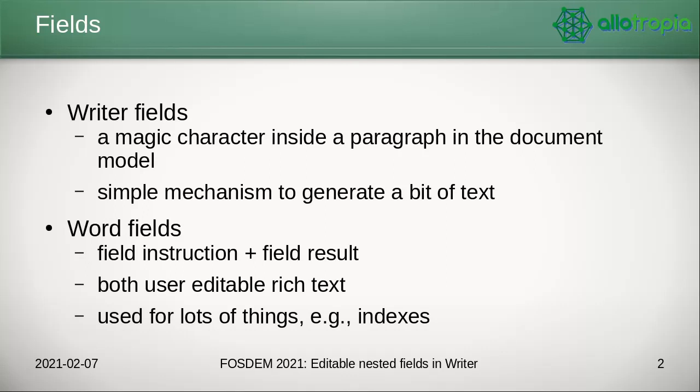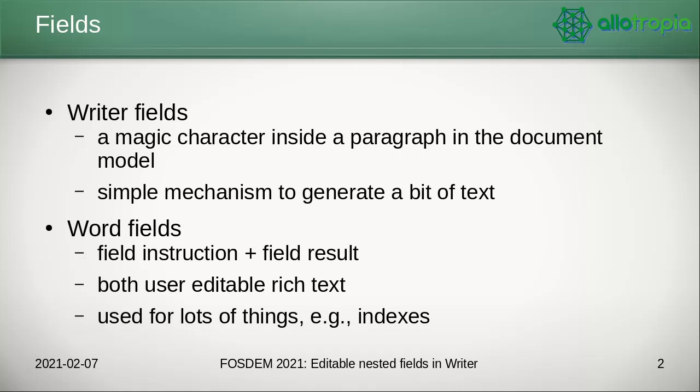You could put tables inside of either of these parts, and you can even put fields inside of the field instruction or inside of the field results, so you can have nested fields basically. The latter is very useful for conditional text, for example.